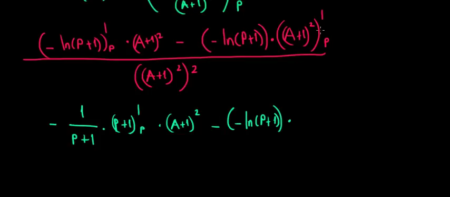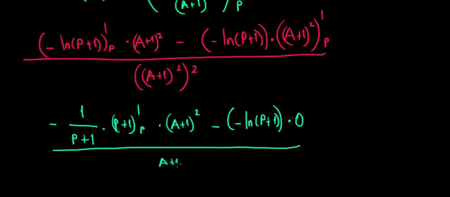What is the derivative of A plus 1 squared with respect to P? There is no P inside this term, so there's nothing to change, which means the rate of change is going to be just 0, divided by A plus 1 to the power of 4.